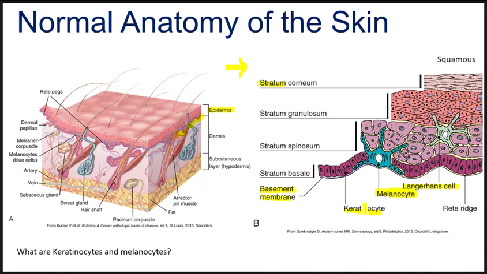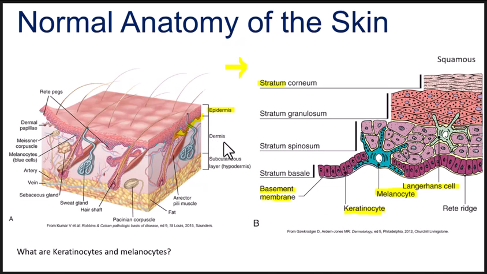So we have keratinocytes that produce the protein keratin that contributes to the skin's integrity, really just making up your skin. We have melanocytes embedded throughout here that contribute to the production of melanin and protection from the sun. And then we have Langerhans cells, which are part of our immune system.